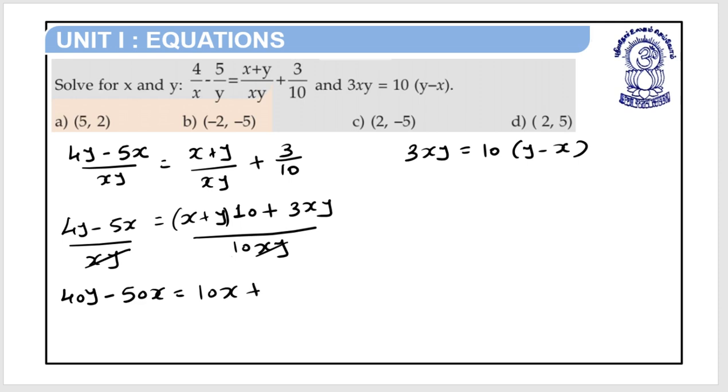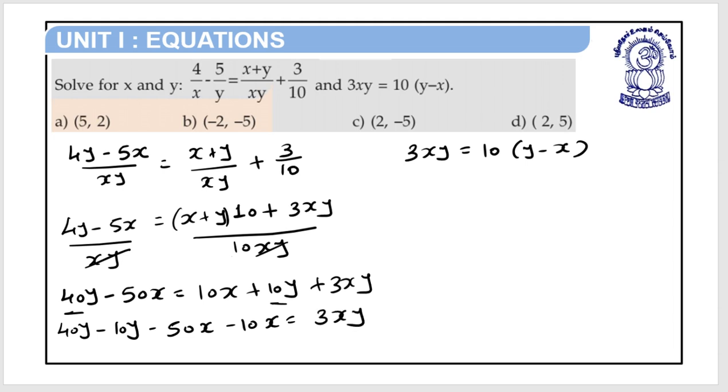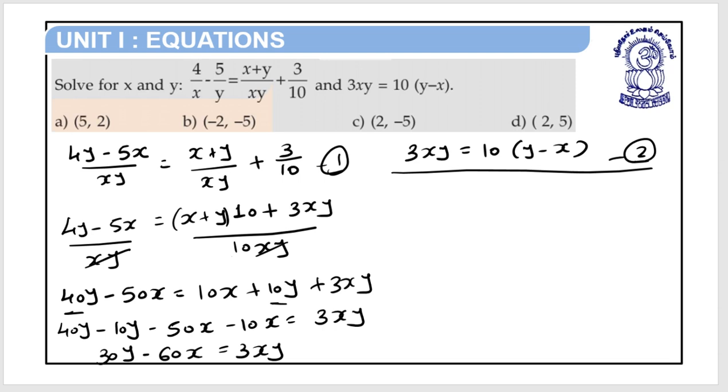Here 10x plus 10y plus 3xy, so 40y minus 10y minus 50x minus 10x is equal to 3xy. 40 minus 10y, 30y minus 60x is equal to 3xy. So 3 common, 10y minus 20x is equal to xy. 3 cancel.